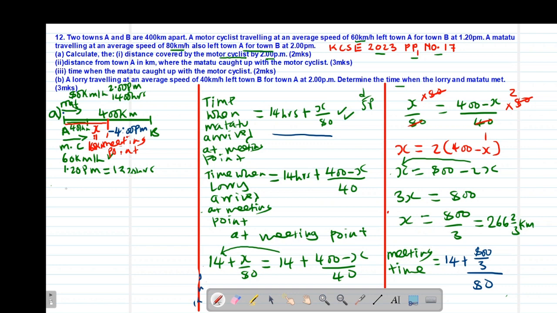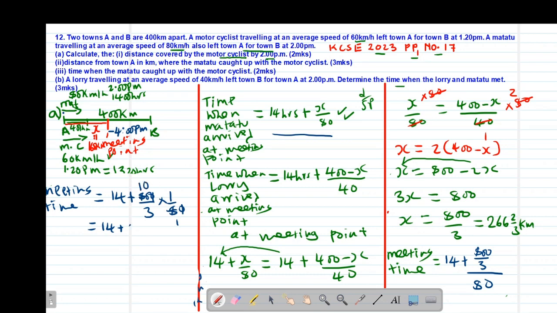The meeting time will be equal to 14 plus, when you divide you multiply by the reciprocal. So this is 800/3 times the reciprocal of 80, which is 1/80. The 0 and 0 will cancel out, and 8 goes into 80 ten times.